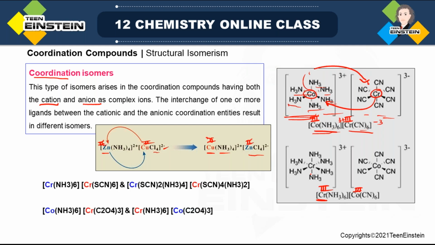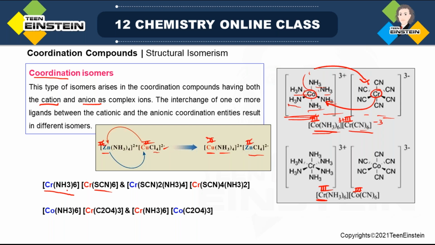Two more examples we are going to see. In the two examples you have just seen, zinc, copper, cobalt, chromium, we saw two different metals, but the metal may also be the same. This is the first isomer where chromium is with 6 ammonia, and in the anionic part chromium is with 6 thiocyanate.